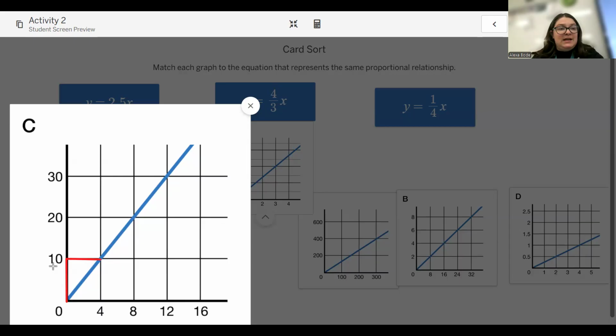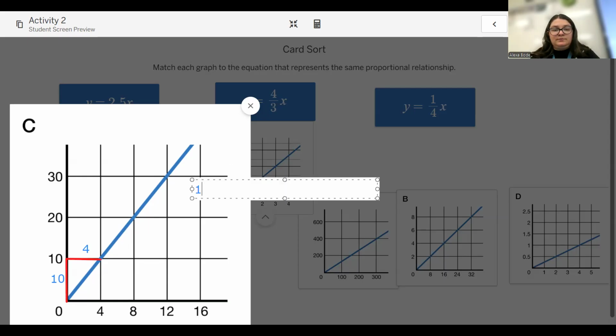So 0 to 10 is a height of 10. If I'm looking at my base or my horizontal distance, I'm going from 0 to 4. So the horizontal distance from 0 to 4 is 4. So I actually want to look at this as 10 over 4, not 1 over 1. So 10 over 4, what does that simplify to?